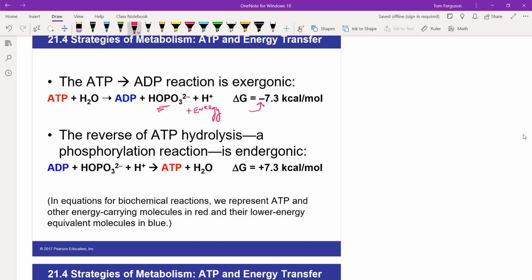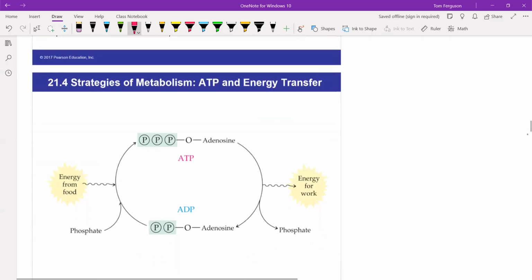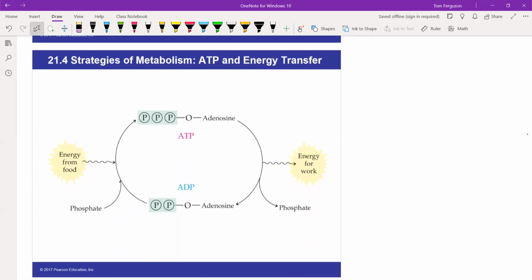Making ATP is not favored because the delta G is positive, hence it requires energy to make an ATP. So this is concisely what we're talking about here.